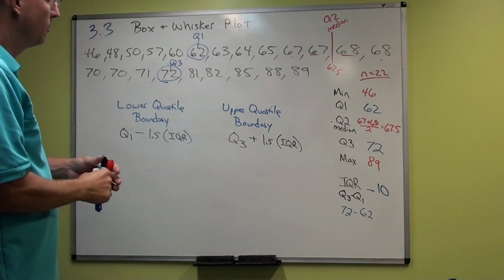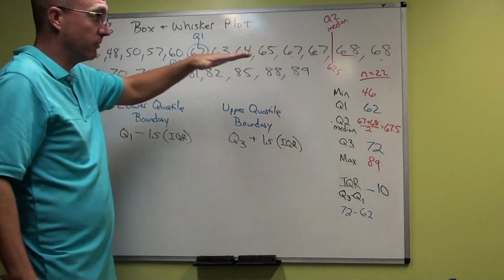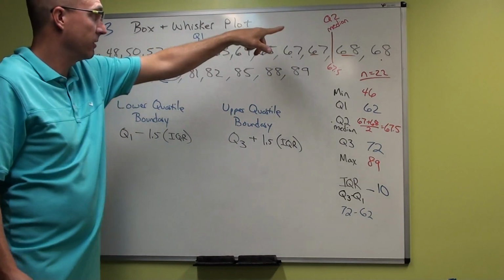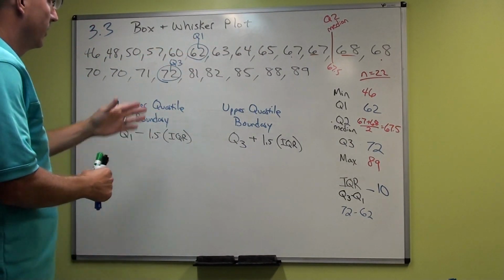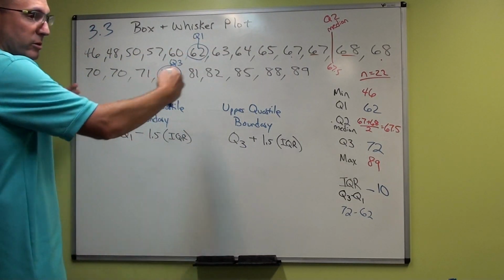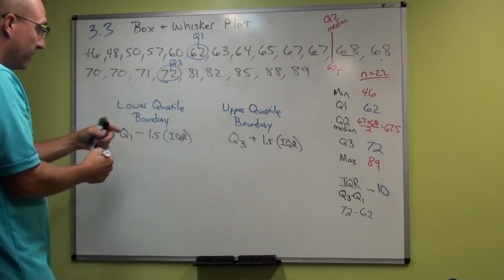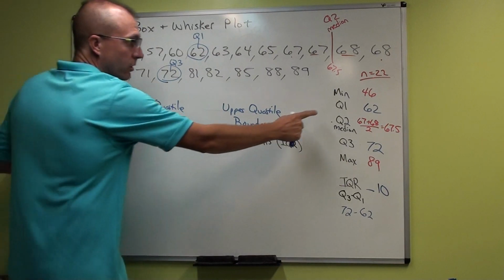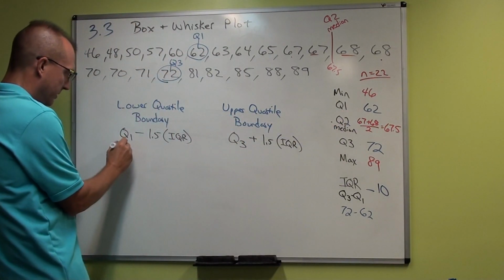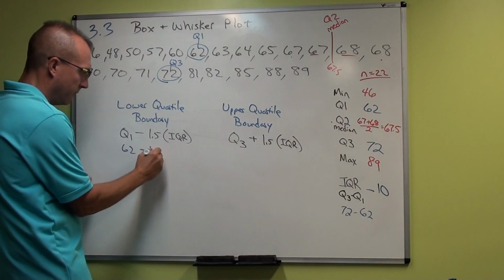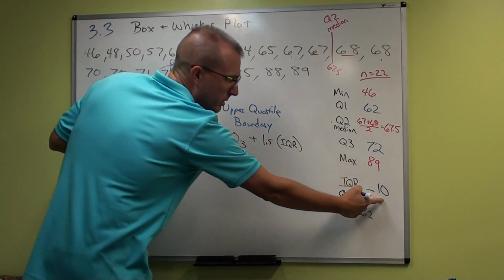Because technically, if you put this on the number line straight across, if the board was big enough, this already sets up your box and whisker plot where your numbers are. But unfortunately, my board's not that long, and I don't write that small. Alright, so here we go. Let's do this. Q1, 62, minus 1.5. My interquartile range was 10.